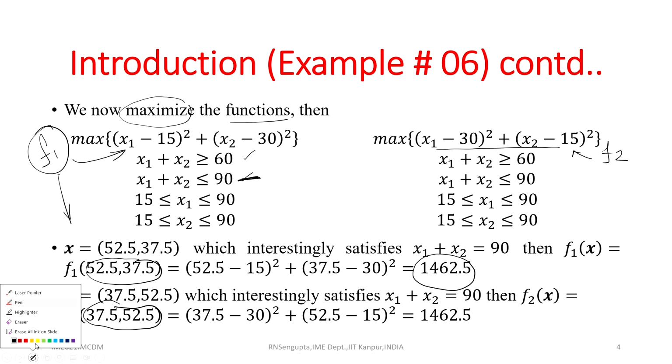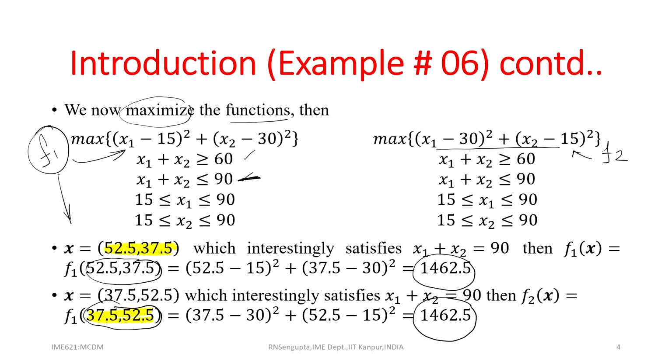The point 52.5, 37.5 for f1 and the point 37.5, 52.5 for f2 are interchanged in the sense that the x1 and x2 coordinates are swapped. But the values come out to be the same, 1462.5 in both cases, similarly to what we found in the minimization case.